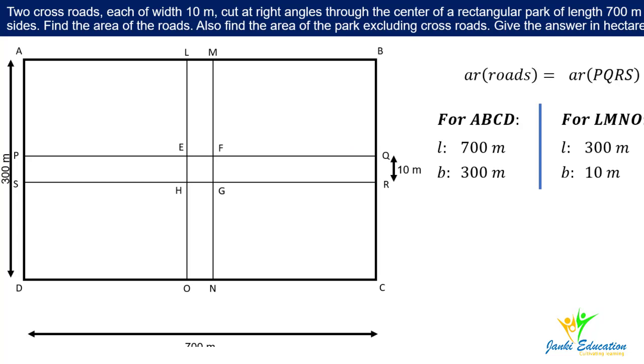Same way, for PQRS, can you see the length and breadth? Look at this side of park, that is DC. It is the same as the size of this RS.